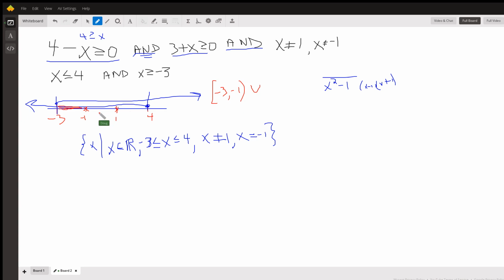Join those with this set of numbers between -1 and 1, not including those numbers. And then finally join those with the numbers between 1 and 4, including the 4. This is a union symbol. Okay, so there's the domain in interval notation.